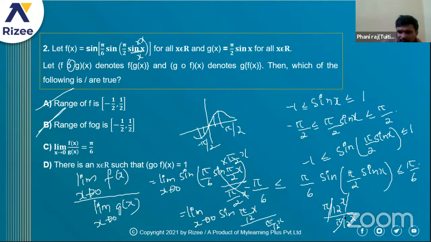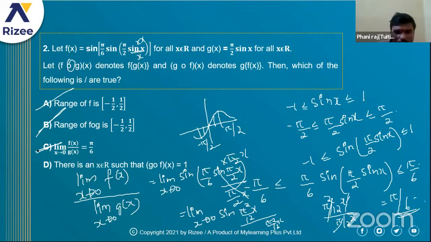Pi cancel, x cancel, you get pi by 6. Okay, so options A, B, C are correct.